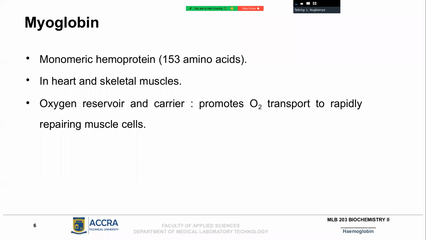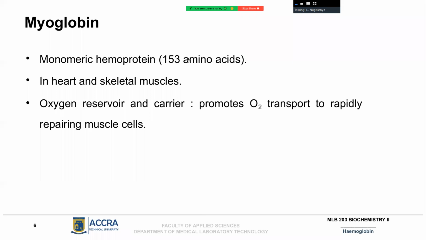Hemoglobin is made up of 4 monomers, meaning that hemoglobin will be able to bind 4 molecules of oxygen. For myoglobin, you have just 1 molecule. So it is only a monomer. It's a monomeric hemoprotein, and this is made up of 153 amino acids.